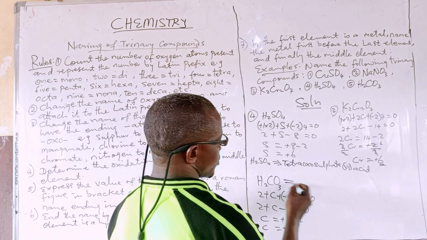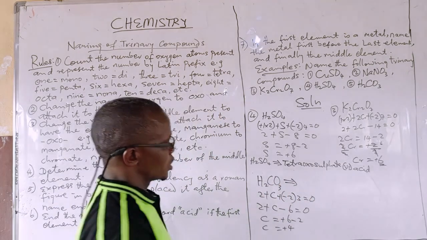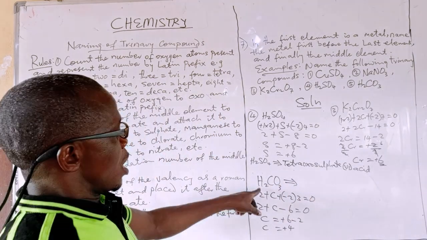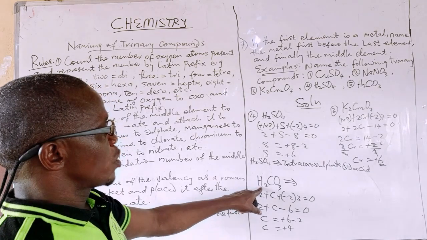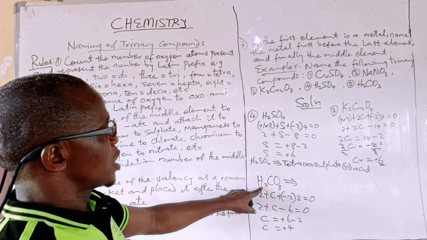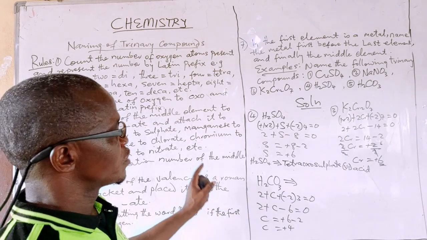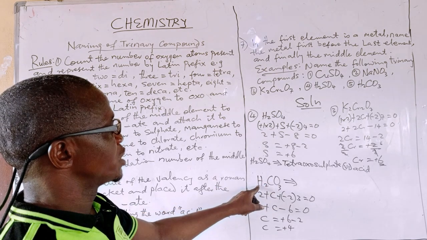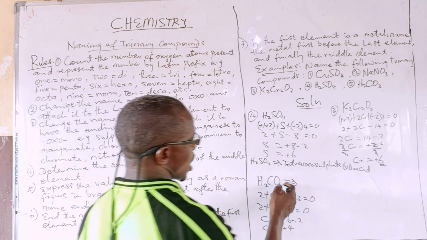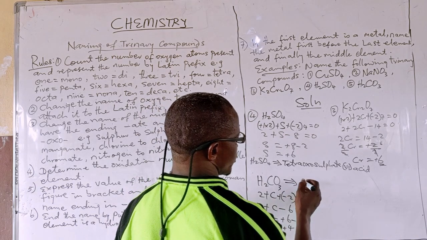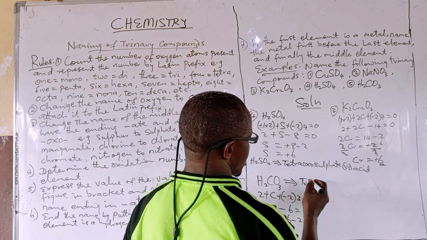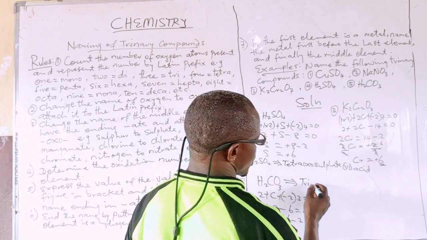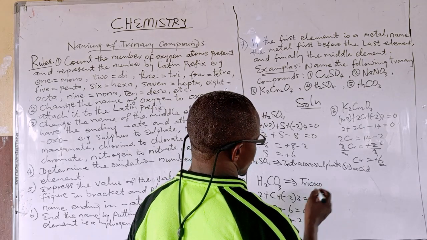So the name of this compound is, I believe you still remember that I told you once the first element is hydrogen, leave it first. Start from the last and then end with acid. So 3 here means tri. Oxygen becomes oxo.